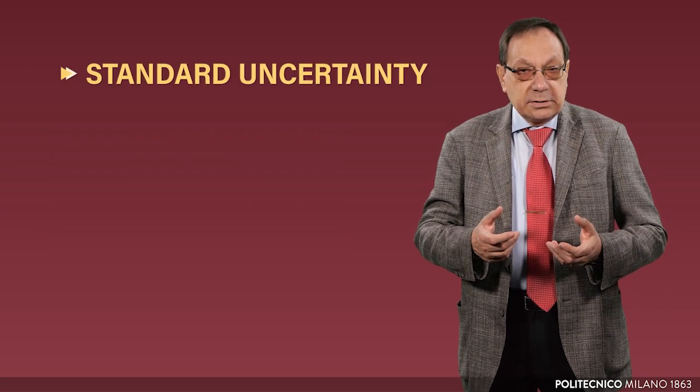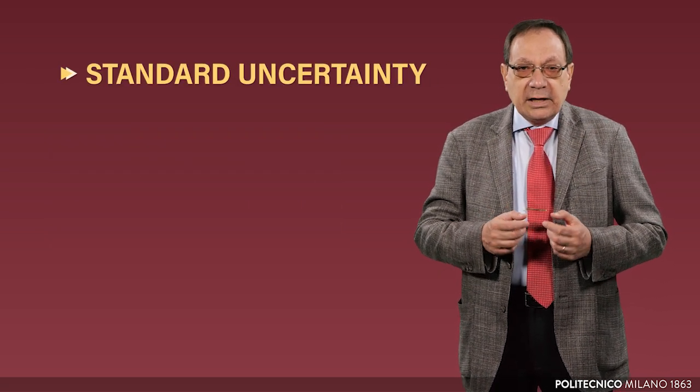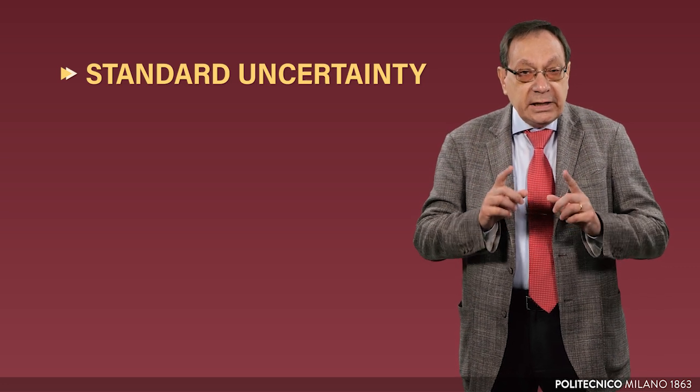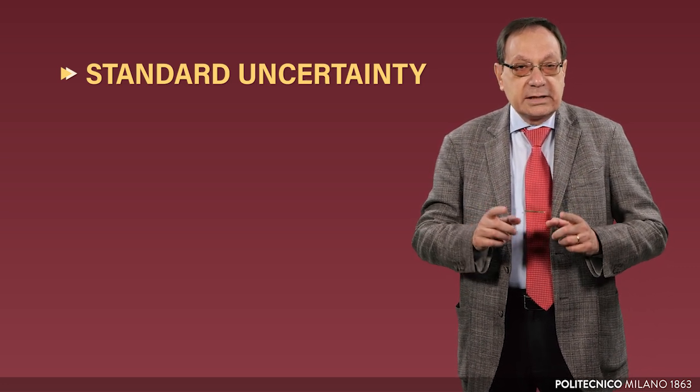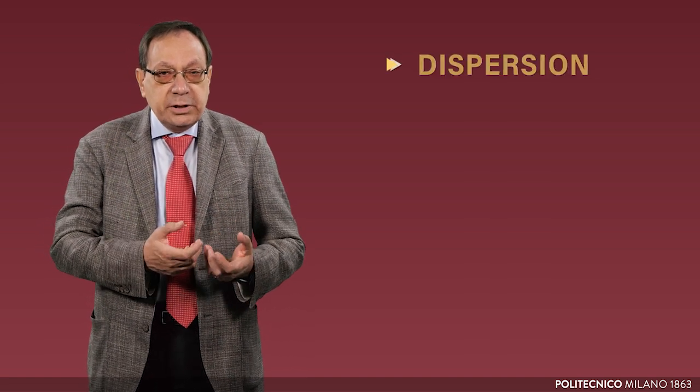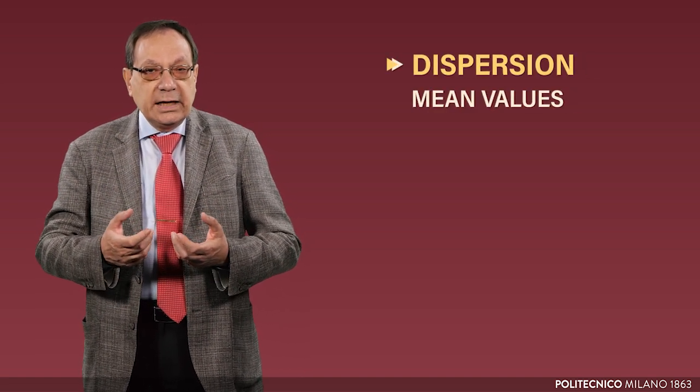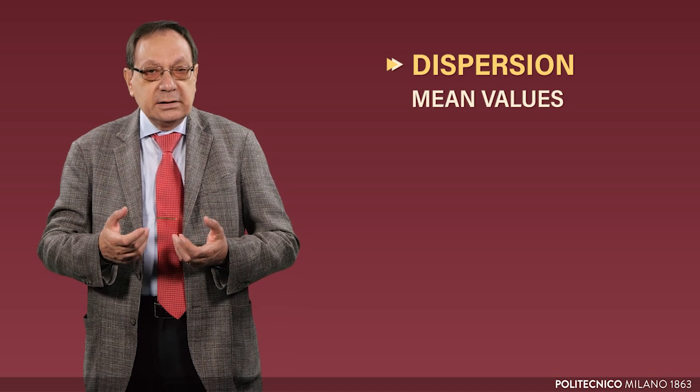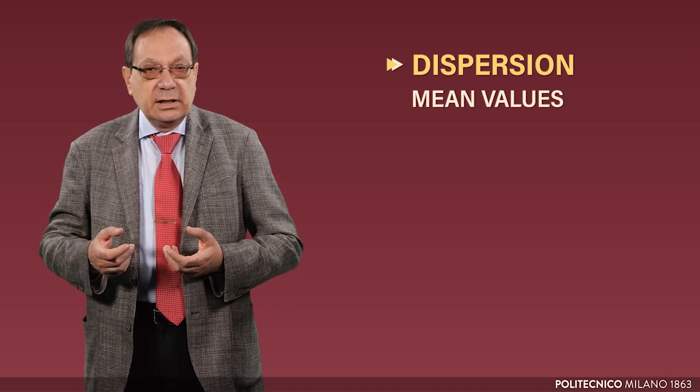Can we assign the value obtained to the standard uncertainty? This value represents the dispersion of each individual measured value xk. However, we are indeed interested in the dispersion of the mean values that we can obtain through repeated series of n observations.